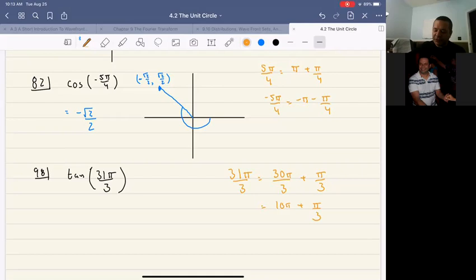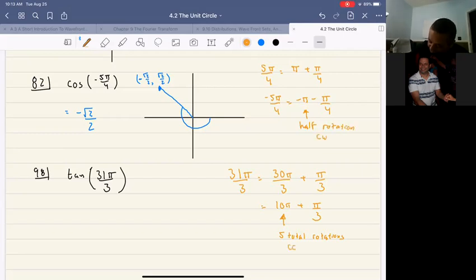Okay, so 10 pi, that's 5 total rotations. Whereas the negative pi that was up here, that was half a rotation. By the way, that was clockwise.